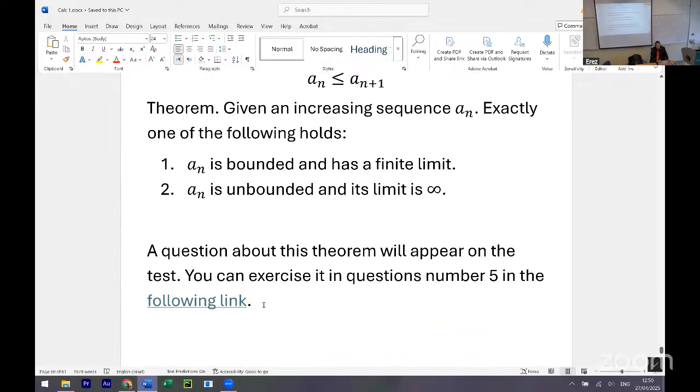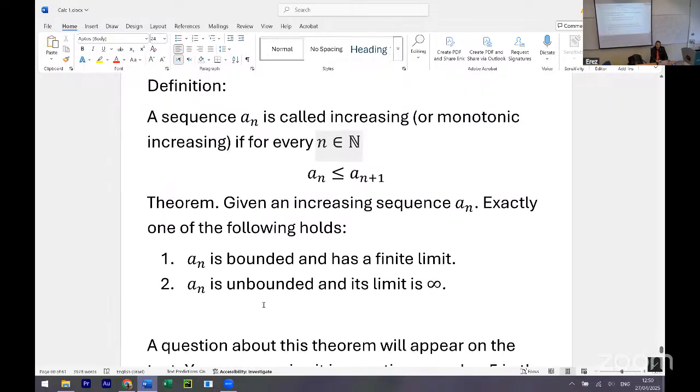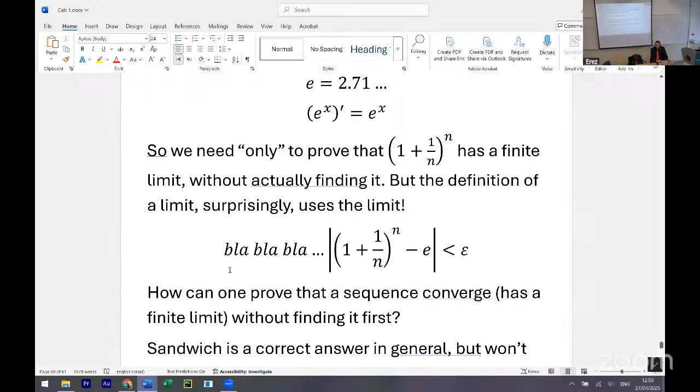So next we will prove the theorem, and then later we'll get back to the Euler constant, and I remind you it will be a detour to prove algebraically that this sequence is increasing and bounded. It's quite a detour.